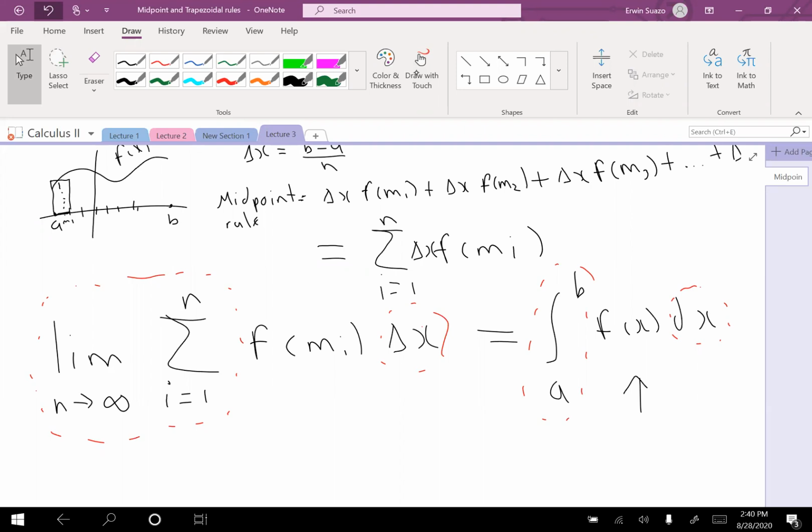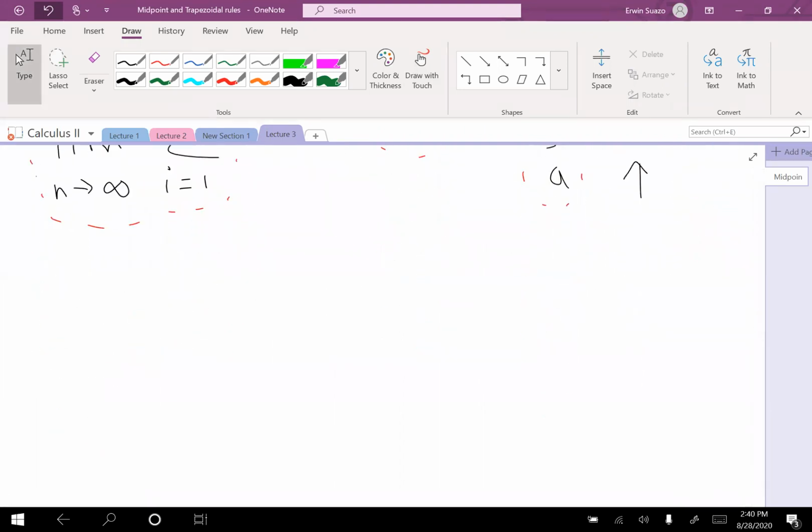Okay, so it was longer than I thought. So we're gonna do now the trapezoidal rule. And now this is even easier. I'm not gonna go over the derivation. I'm just gonna give you the formula. You already have probably enough of the Riemann sums, left and right, and now midpoint, now trapezoidal.